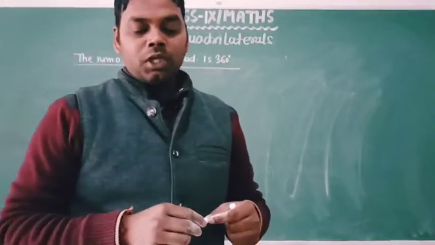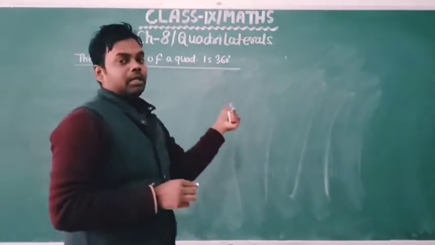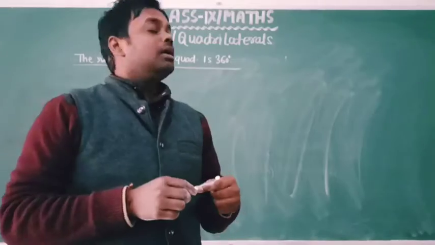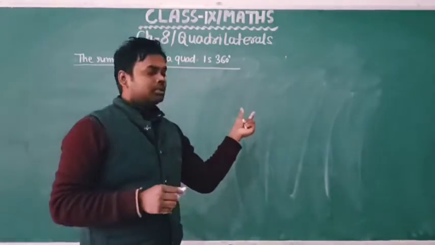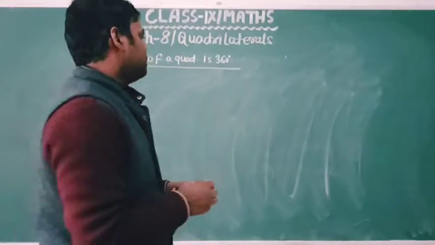So this can be verified by drawing a quadrilateral. This can be verified by drawing a diagonal in a quadrilateral, which divides it into two triangles.